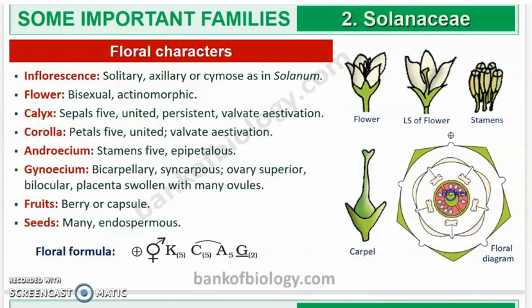So this portion is the placenta, the central portion is the placenta, and surrounding the placenta you can see many blue colored structures which are the ovules, right? So placenta is swollen with many ovules in it.